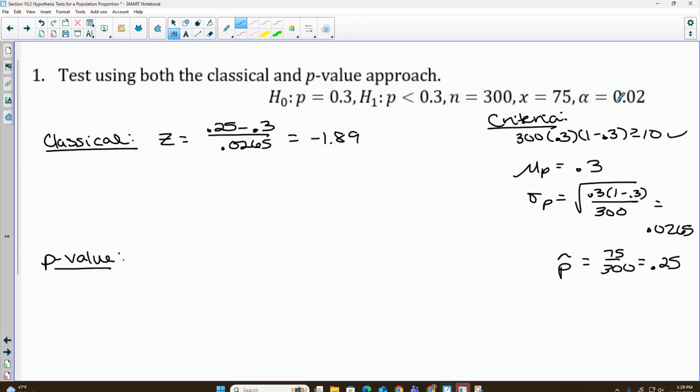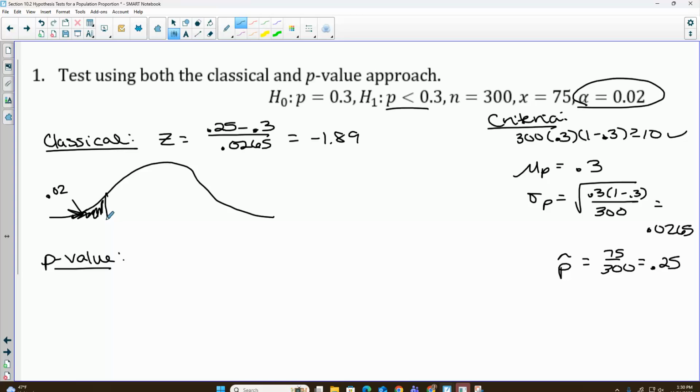Now this one did give us an alpha value. The one we talked about in class did not, so that's why we used the 2 standard deviations. If we have alpha, we don't really have to guess. So we're talking about 0.02, so that's 2%. We are testing less than, so that means I could only have 2% less than. So that area is 0.02.